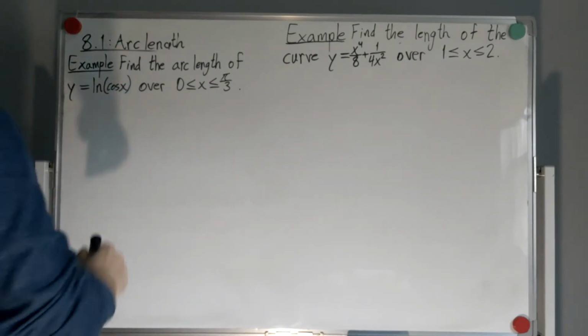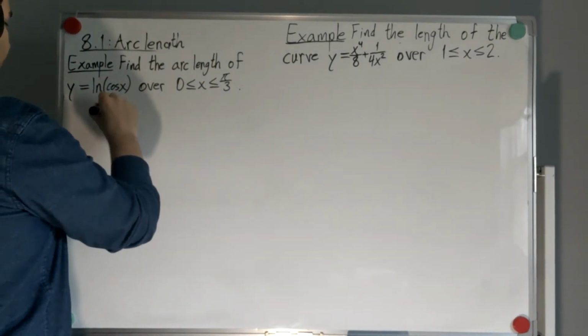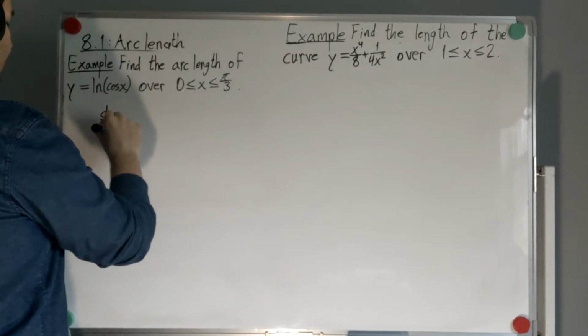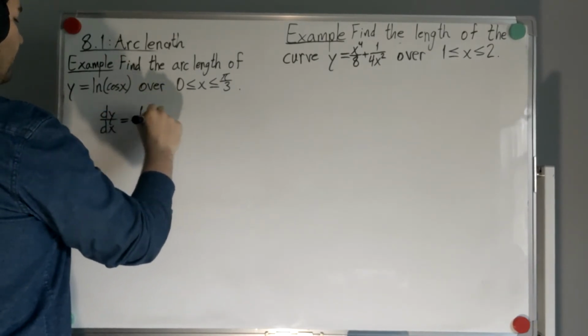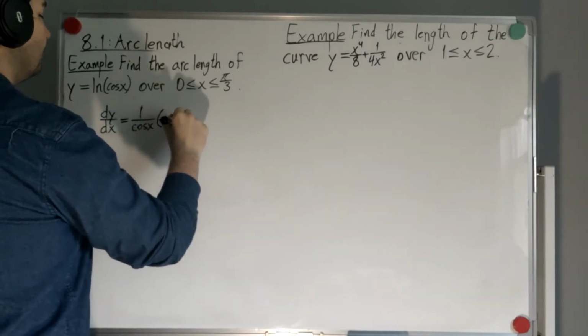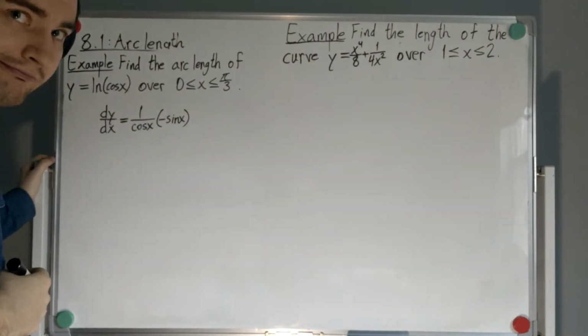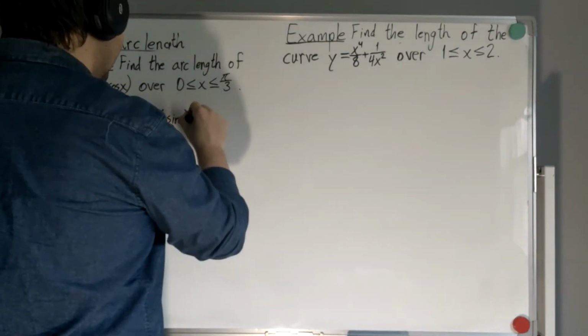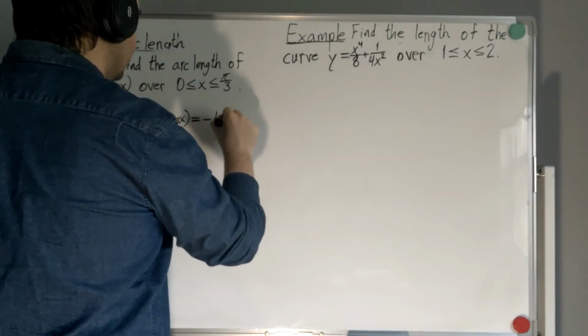Again, we just need to take the derivative first. So the derivative, dy dx, is going to be 1 over cosine x times negative sine x. This, by the way, happens to be the same thing as negative tangent x.